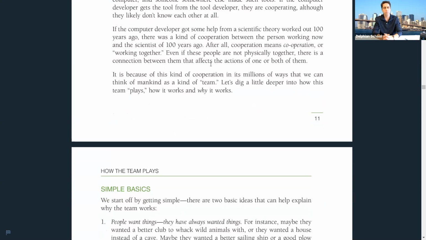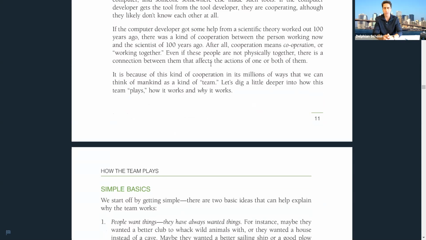If the computer developer got some help from a scientific theory worked out 100 years ago, there was a kind of cooperation between the person working now and the scientist of 100 years ago. After all, cooperation means co-operation, or working together. Even if these people are not physically together, there is a connection between them that affects the actions of one or both of them. It is because of this kind of cooperation in its millions of ways that we can think of mankind as a kind of team.